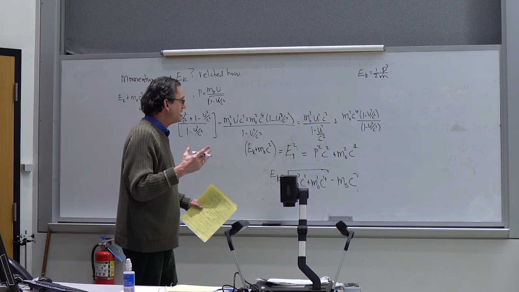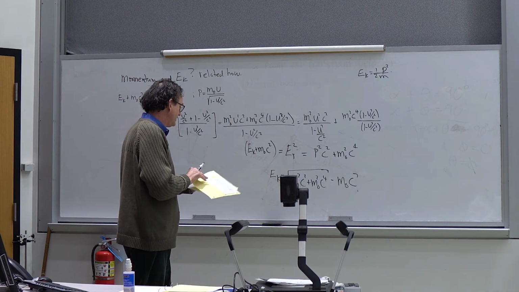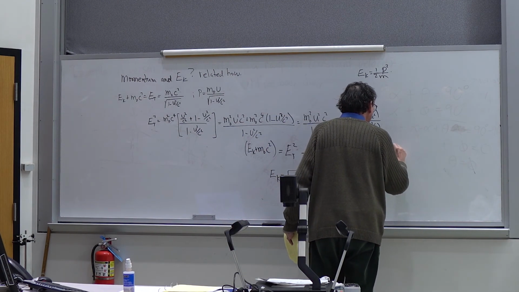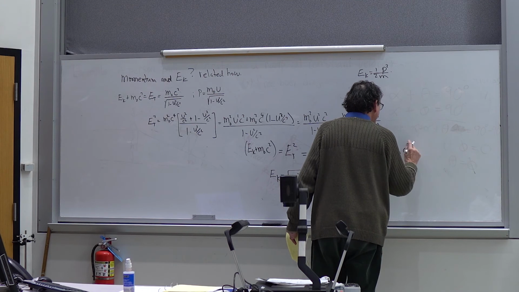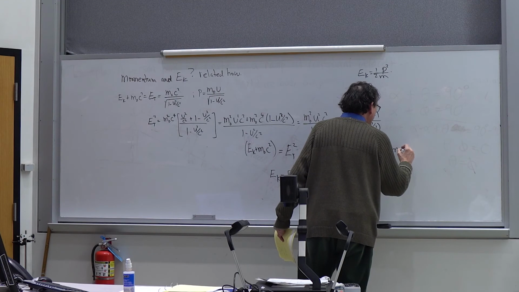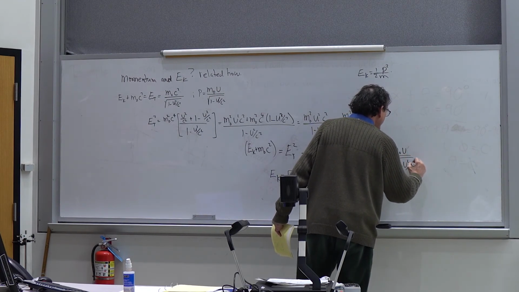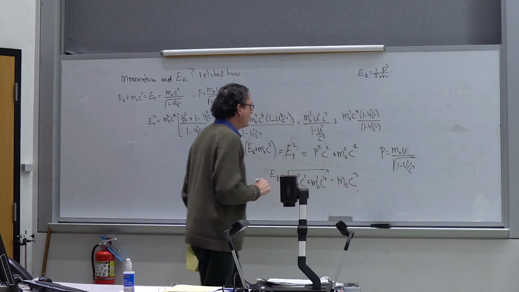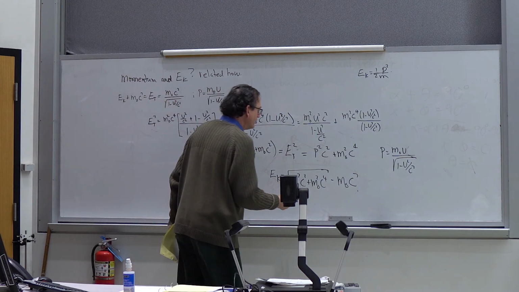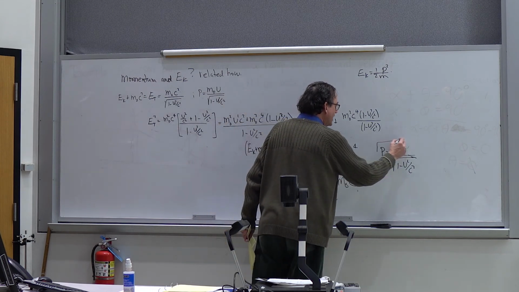So now we've got basically all the equations we need. In fact, we've got the momentum is equal to m naught u, divided by the square root of 1 minus u squared over c squared. So these are the equations that you have. You have an equation here for kinetic energy related to momentum, and I have the relation between momentum and velocity.